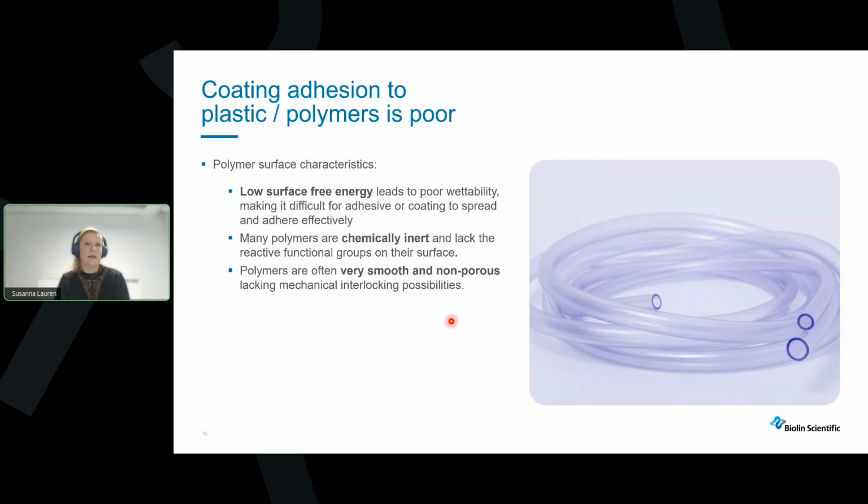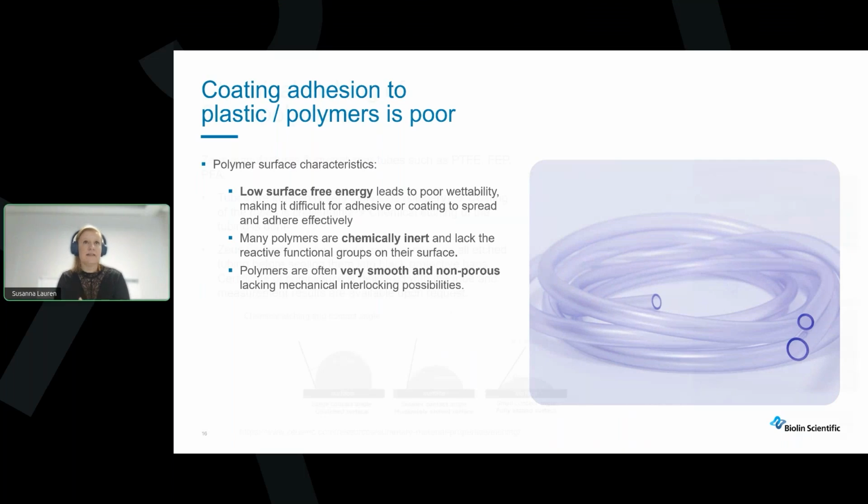Polymers are typically chemically inert, and they lack reactive functional groups on their surfaces. They are also often very smooth and non-porous, so they don't have mechanical sites for mechanical interlocking either. So plasma treatment is often used to introduce more chemically active groups on the polymer surface.